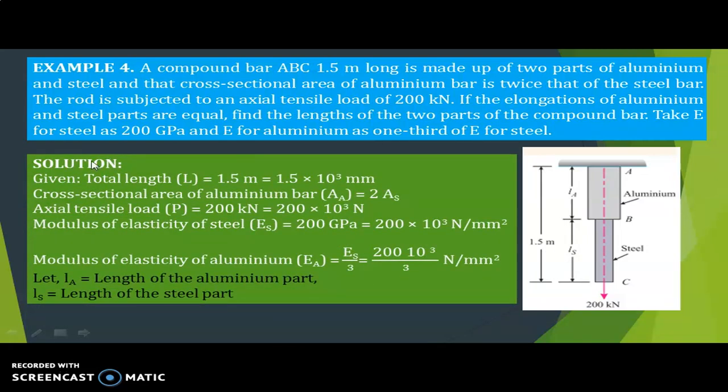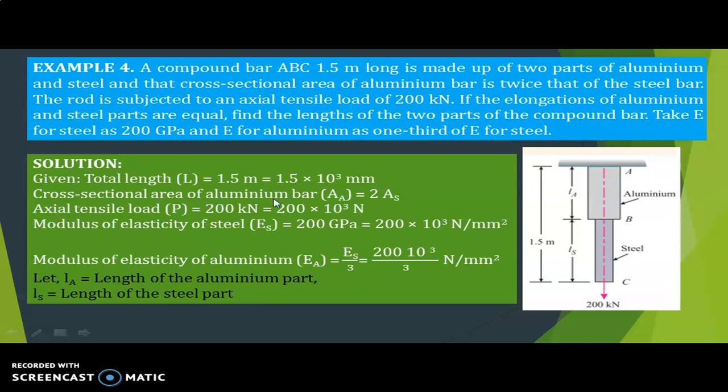steel bar. So here E is given, steel is 200 GPa and for aluminium it is 1/3 of E for steel. Okay, means E for aluminium is equal to 1/3 of ES. So it's given total length is 1.5 meter, so that is 1.5 into 10 raised to 3 millimeter.